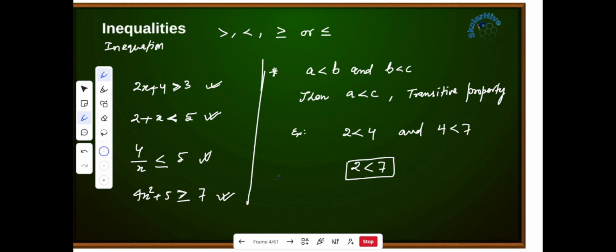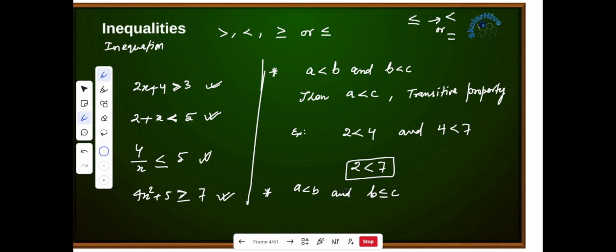The same way, if we have A less than B and B less than or equal to C. One thing you have to keep in mind, this symbol, less than or equal to: both will not come together. It will come either less than or equal to.